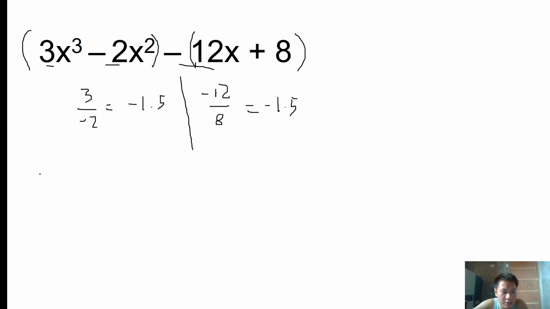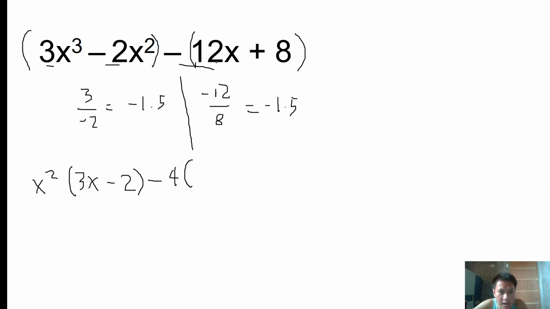Okay? So, we have 3x cubed minus 2x squared. Ang common factor nila ay x squared. So, 3x cubed divided by x squared is simply 3x. Negative 2x squared divided by x squared is negative 2. Okay. Next, minus. Ang common factor ng dalawang to ay 4. So, minus 4. Okay.